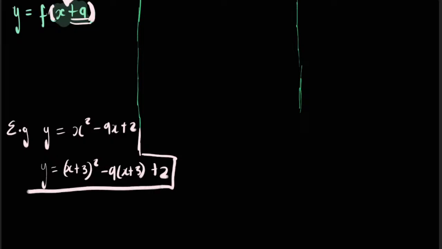What you can see is that where there was x, we now have an x plus 3. Because it's changing the x, it has to be horizontal.